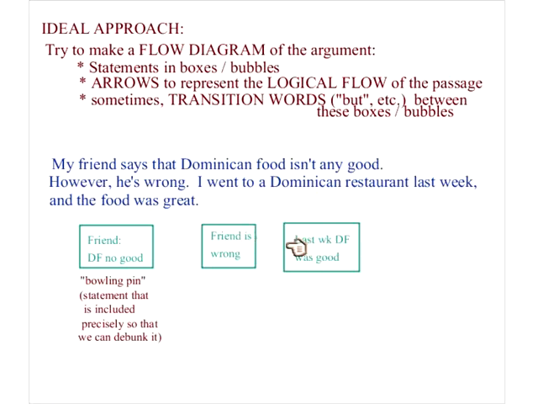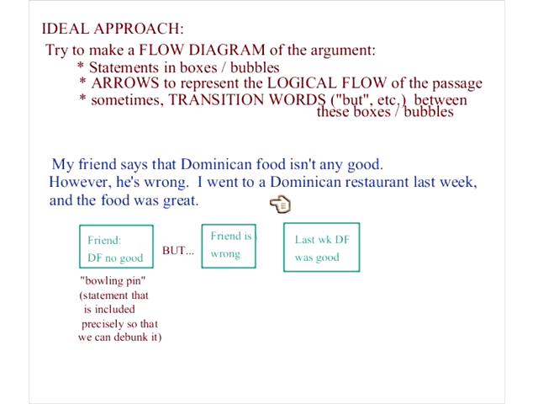And then this is a counter argument. So we're not going to have any arrows between this statement and that statement because that wouldn't make any sense, right? This is not support for anything here, nor is anything here support for this. So instead, what you would put is a large "but" between these two things.